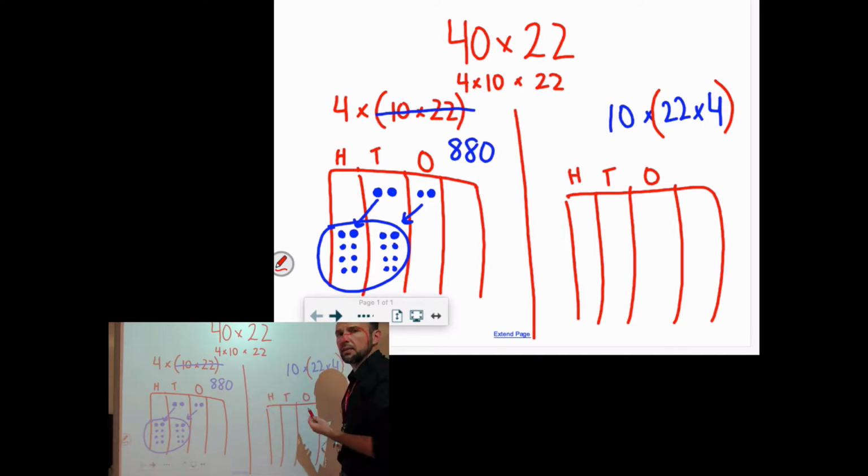And we should still get the same answer. So let's try this out. Again, I'm going to represent 22 on my place value chart. I could represent 4 and do it 22 times, but that would get kind of messy. It would take a lot of work.